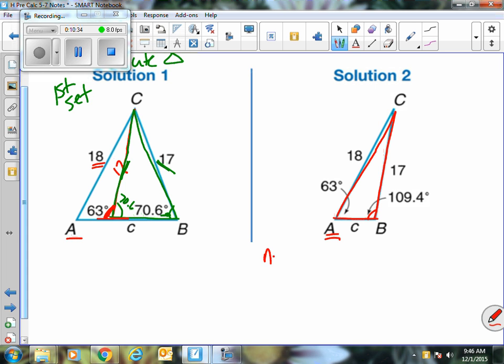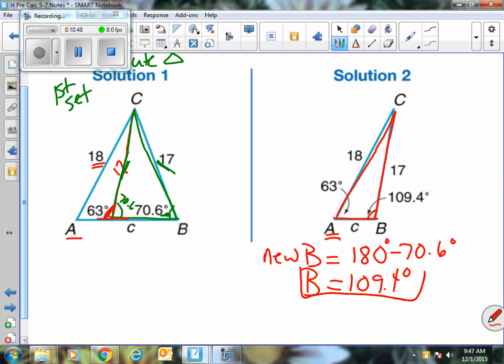So my new angle B, instead of using the 70.6, I'm going to do 180 minus 70.6, which is going to give you that 109.4 that they have labeled in the picture there, by finding the supplement. It's always the supplement of that first angle you solve for, because that's the angle that can either be acute or obtuse.